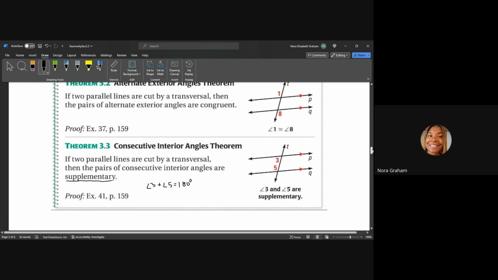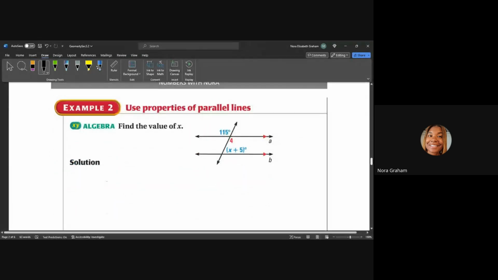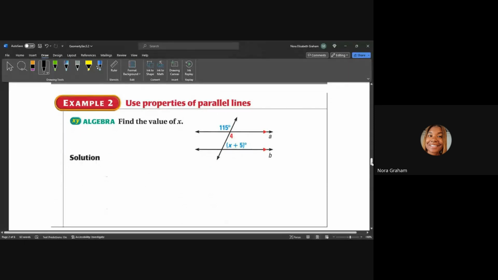All right, so let's go ahead and use one of these theorems in our example, example 2. This one is using properties of parallel lines. Find the value of x. All right, so there's going to be a couple steps in here, and we're going to use a little bit of algebra, and we're going to name each step that we take. So the first thing we want to notice is that angle 4 and angle x plus 5 are consecutive angles.